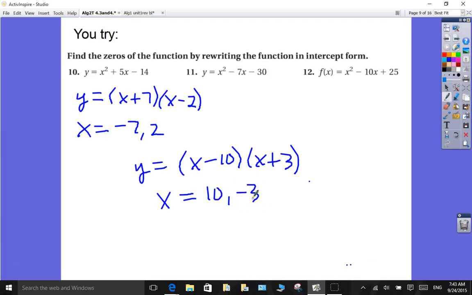And the last one, now they're using function notation, f of x equals, factor it, x minus 5 squared. It's a perfect square trinomial, and so it has one 0, which is 5, which tells us that the parabola is going to come down and touch the graph at x equals 5 and go back the same way.